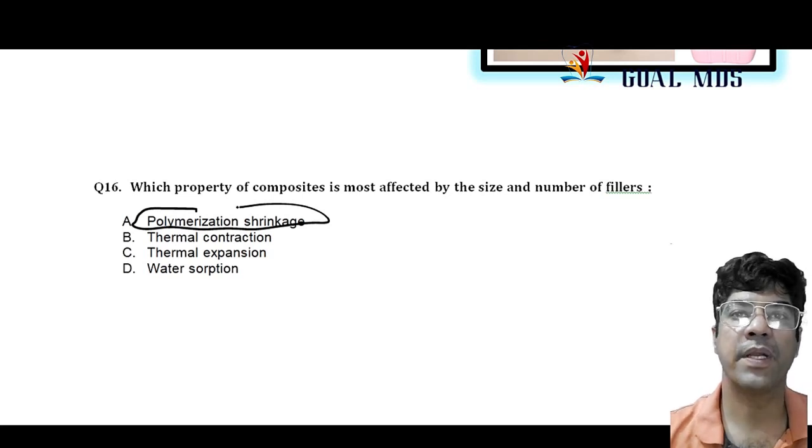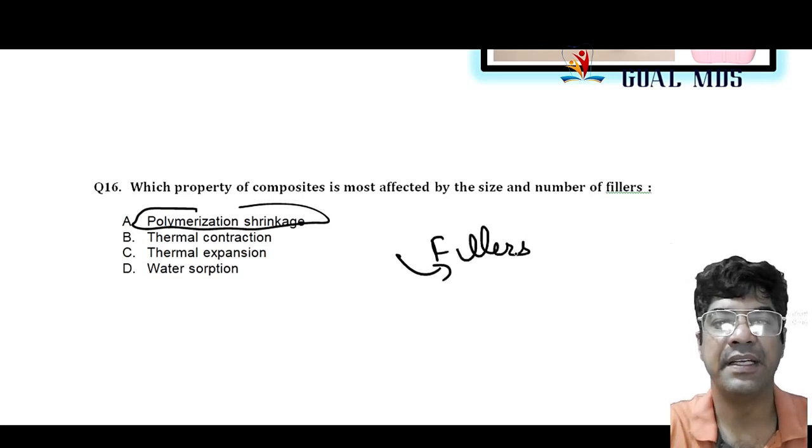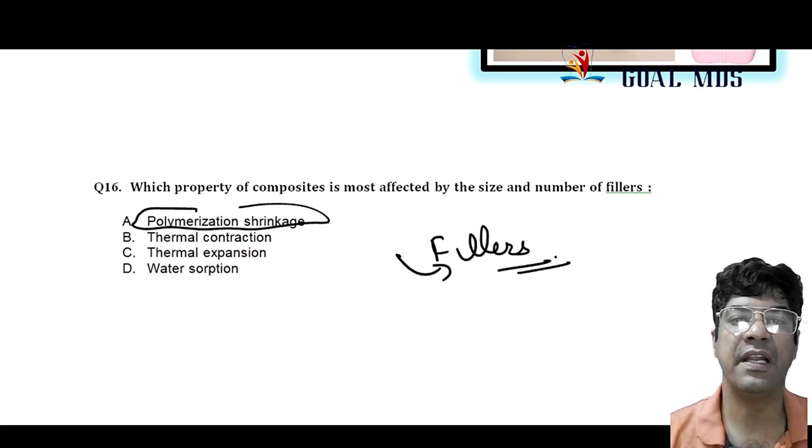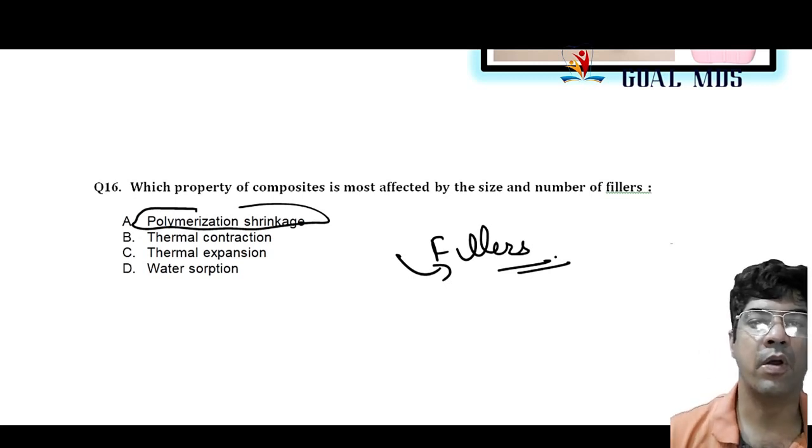So the incorporation of fillers, their size and their distribution, can significantly influence the overall polymerization shrinkage of composite.